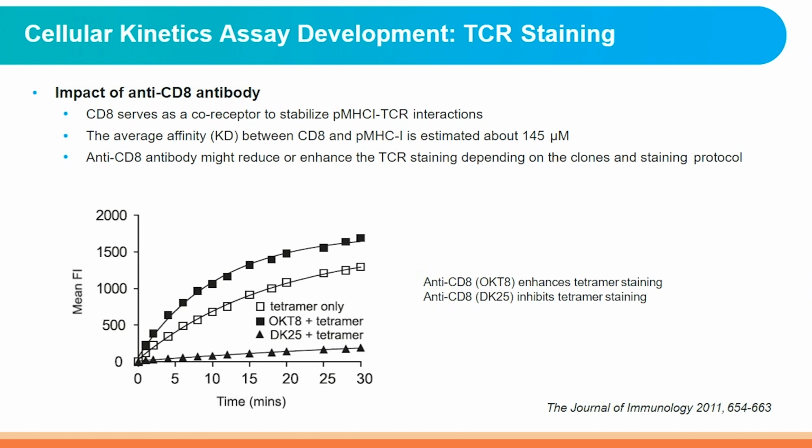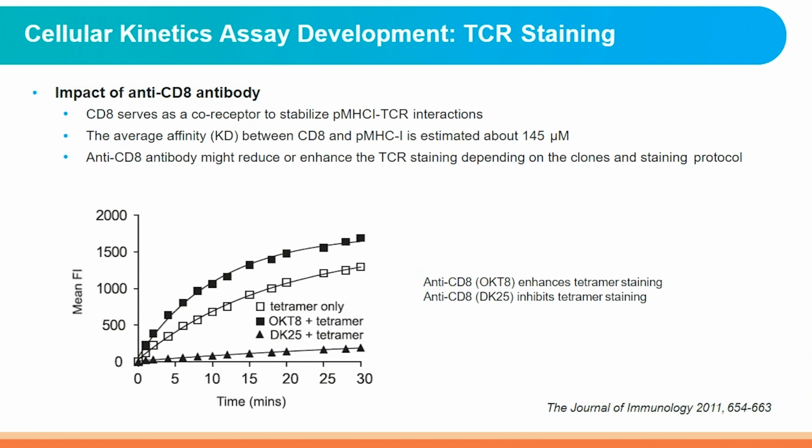Here is an interesting example from the literature. When anti-CD8 clone OKT8 was added to T cells and then tetramer staining was done, a much stronger signal was obtained. However, if another clone, DK25, was added, the tetramer staining was dramatically decreased.